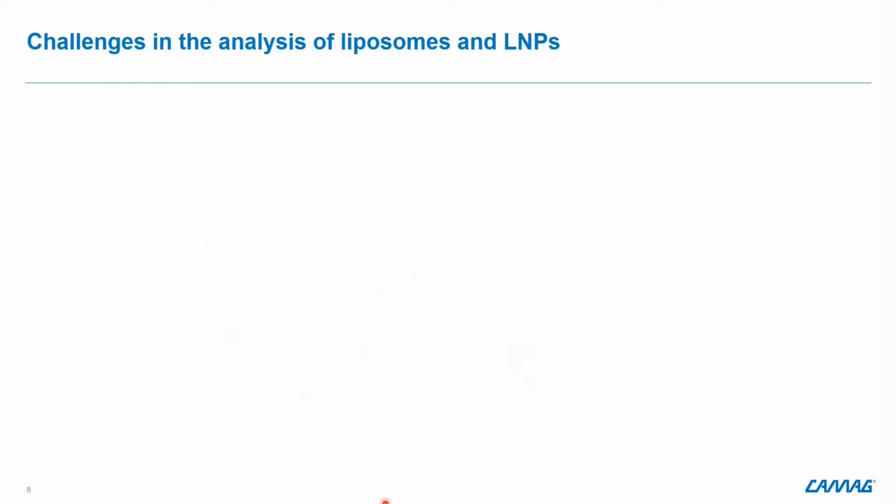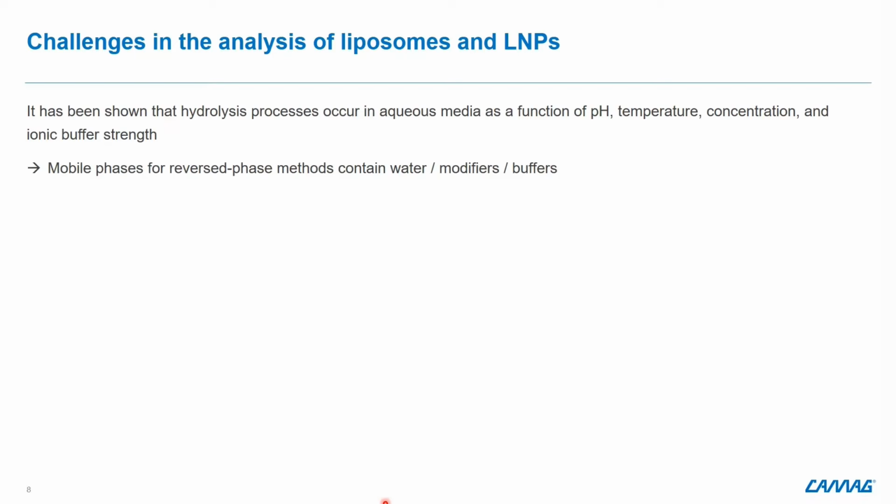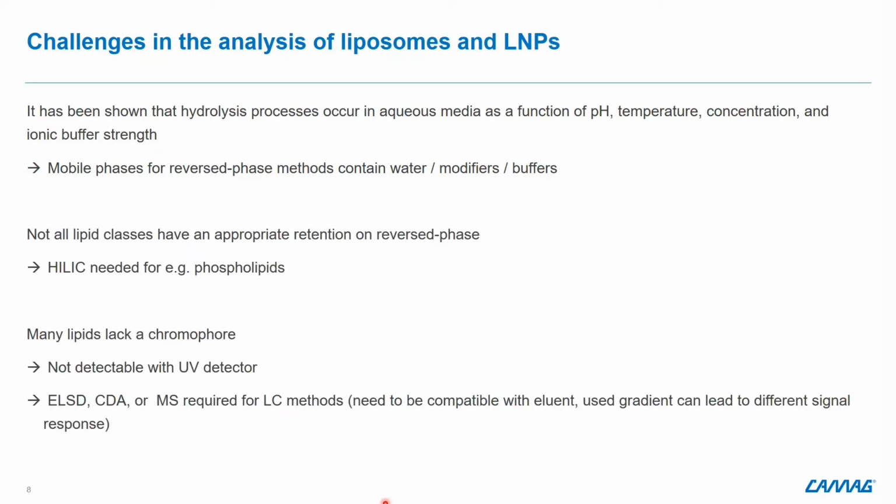So which challenges do we face when analyzing liposomes or LNPs? During chromatography, depending on the selected conditions, hydrolysis processes can occur and then additional degradation products might be formed, which were not formed during the storage of the formulations. Another challenge is the weak retention of polar lipids on reversed phase layers.